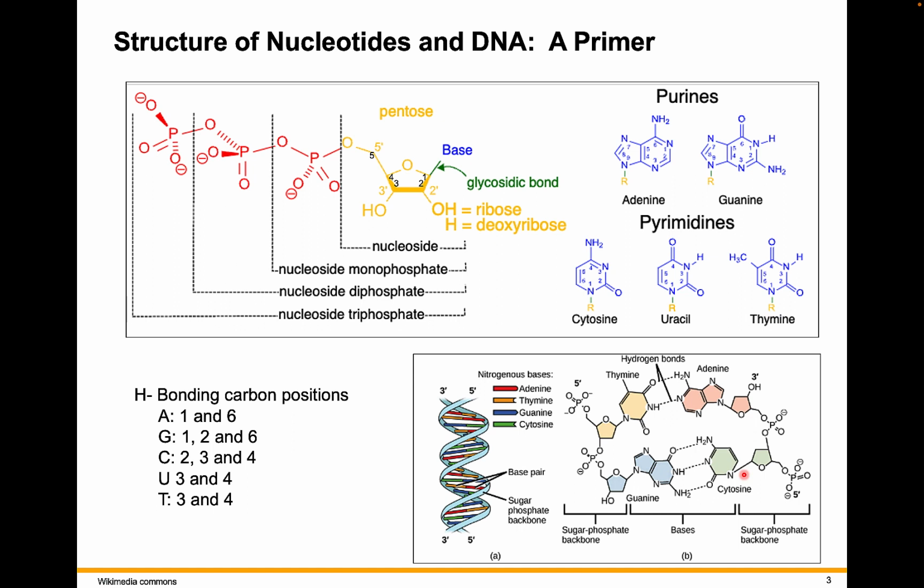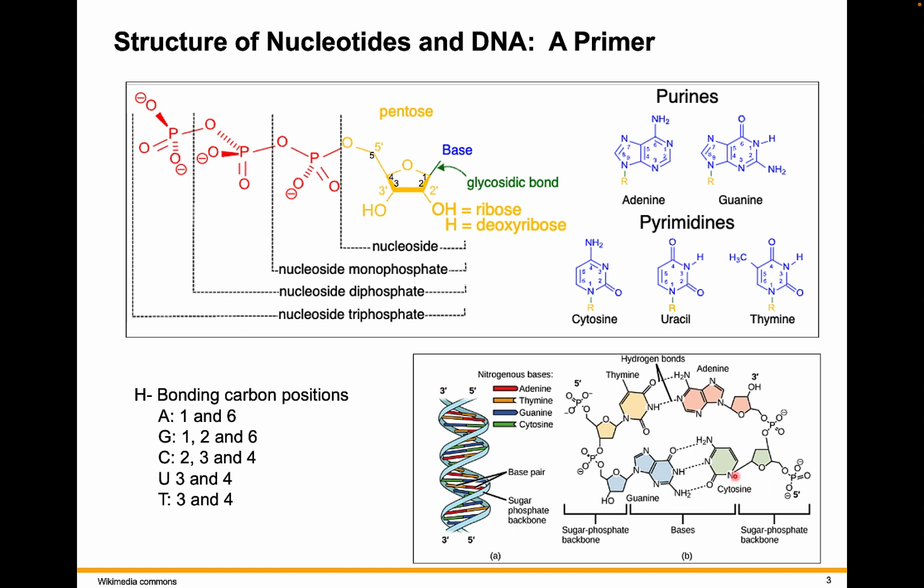On the other hand, if we go to the cytosine right here, you can easily see these are the 1, 2, 3, 4, 5. The number 1 carbon of the sugar is attached to the number 1 carbon of the cytosine right here. The way we write that down, you can see that 2, 3, and 4 are making the hydrogen bonding.